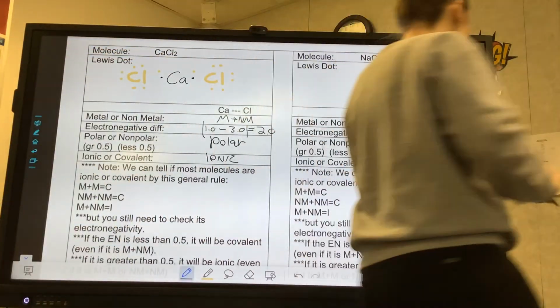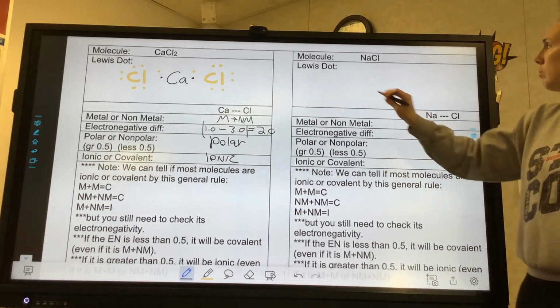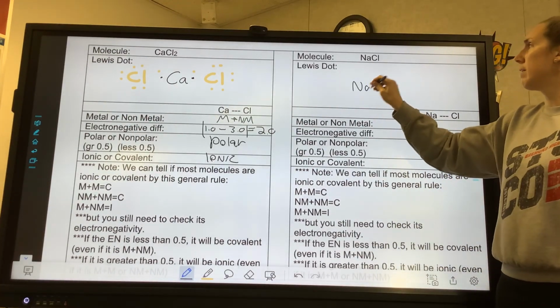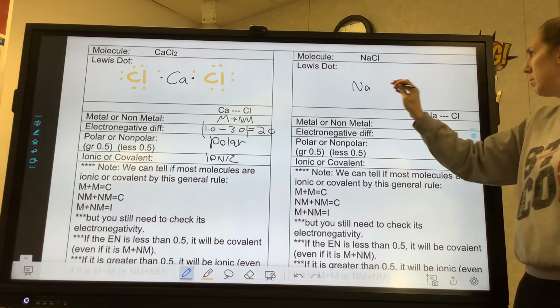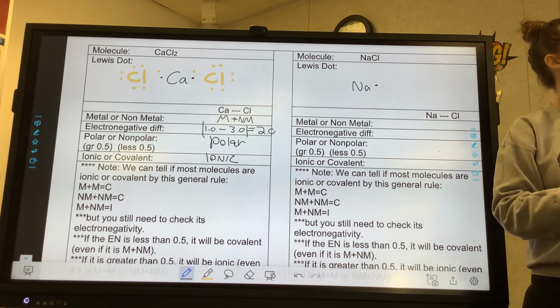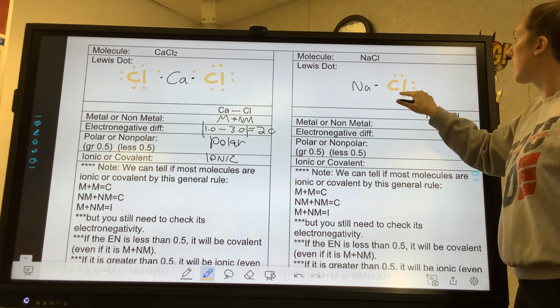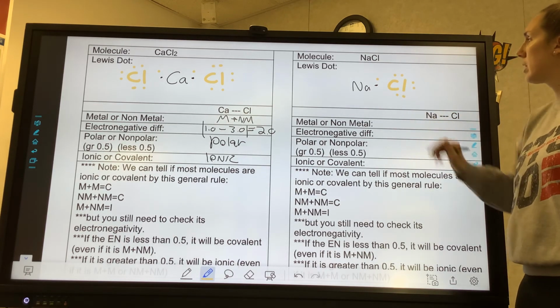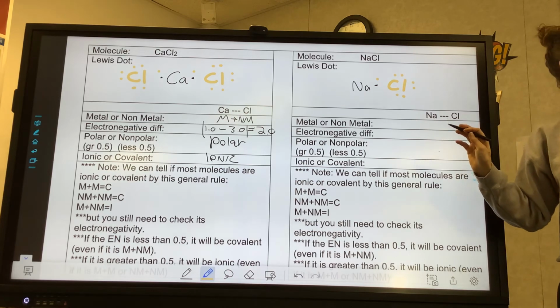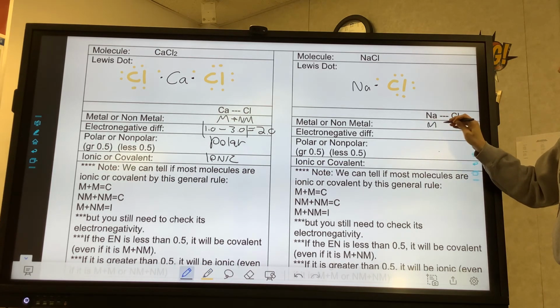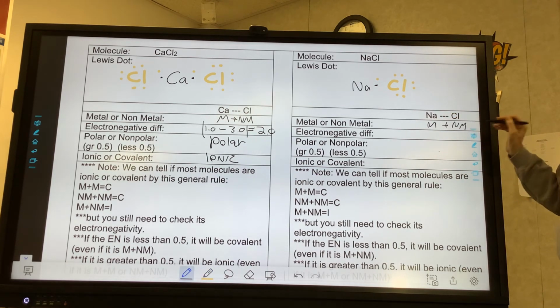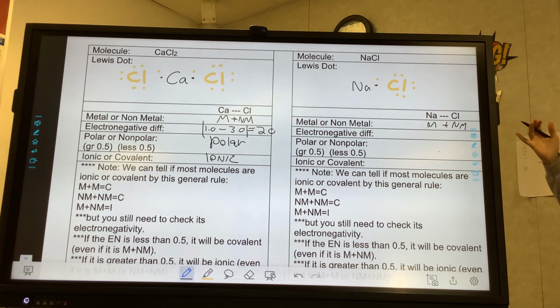Perfect. And then NaCl, we have sodium with valence electron 1, perfect. Cl, we like Cl, 7: 1, 2, 3, 4, 5, 6, 7. So they pair up really nice. We got sodium, metal, and chlorine, non-metal. We're hypothesizing it's going to be ionic, but let's do electronegativity.